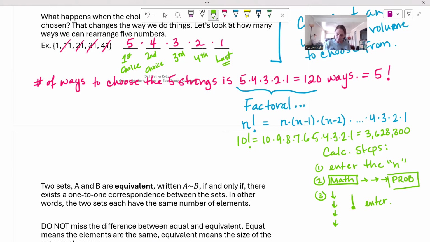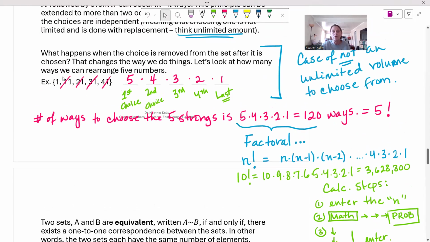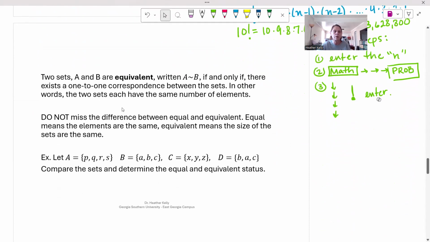Okay? All right. Let's get back to non-mathy feeling things. Okay. More set theory. Two sets, A and B, are equivalent, and the symbol is that little squiggly tilde, if and only if there exists a one-to-one correspondence between the sets.